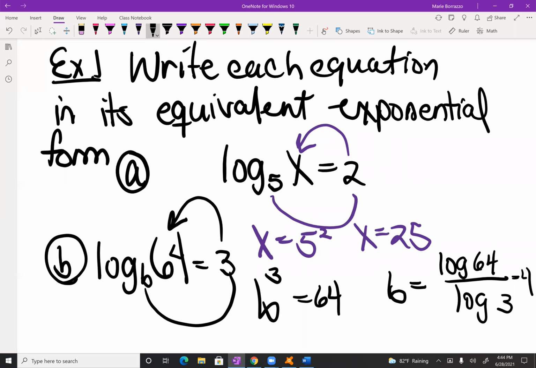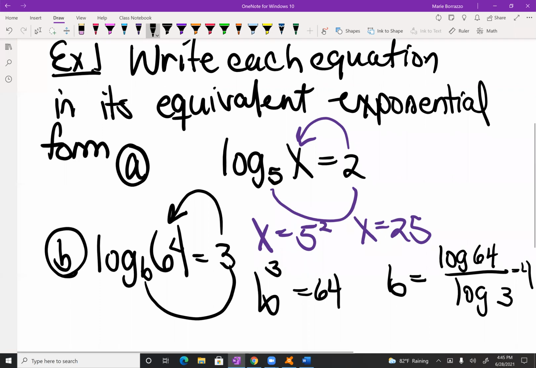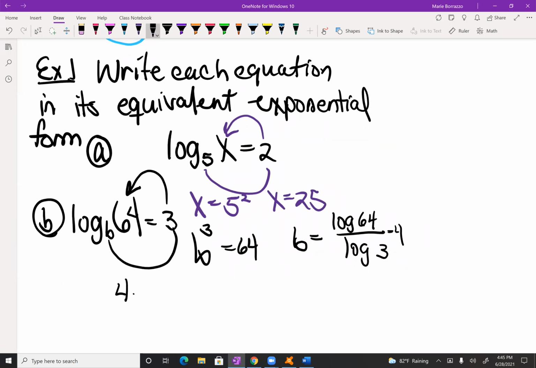Is it 4 times 4 times 4, 64? It gives me 3.7855. Me too. Does the mode on the calculator have something to do with it? Let me try it on my calculator. I'm using a cheap calculator.